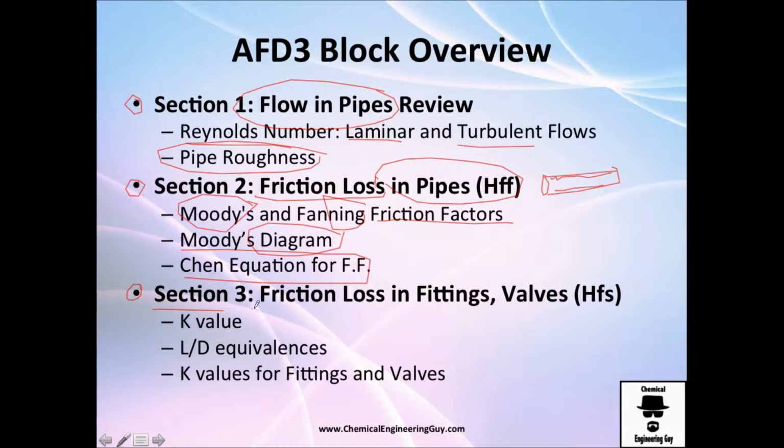Then we continue with section number 3, which is friction loss due to installation of fittings and valves, which is named HFS, and HFF for wall pipe. We understand the value of K, what does that mean, how to make the equivalence on the length of pipe, and how to calculate the friction loss of each fitting and valve.